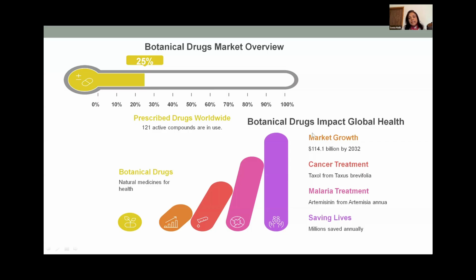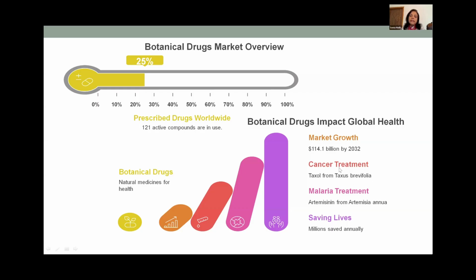And here, if we expand the pharmaceutical market, the annual rate of the global market accounts for 114 billion by 2030, which, as the figures in the last slide show, is going to rise by a large amount with cancer treatment from the drug Taxol, the main drug obtained from Taxus brevifolia.